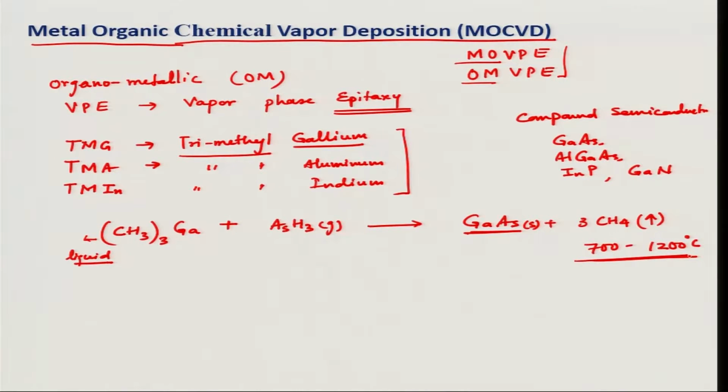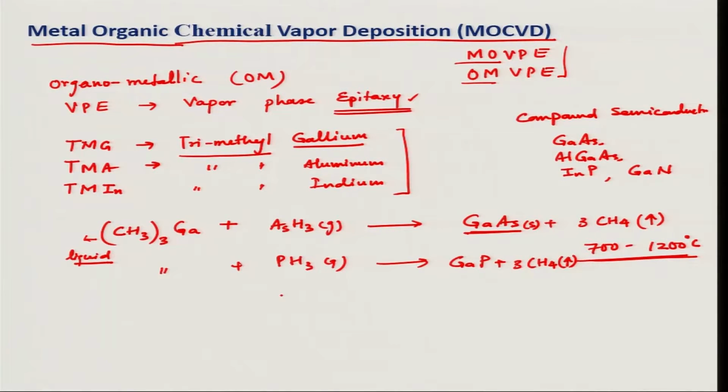You can also use plasma enhanced MOCVD, but there is a reason to keep the substrate temperature higher, because this also assists in epitaxial growth. Similarly, if you use the same reactant with phosphine, you will get gallium phosphide, plus 3CH4.